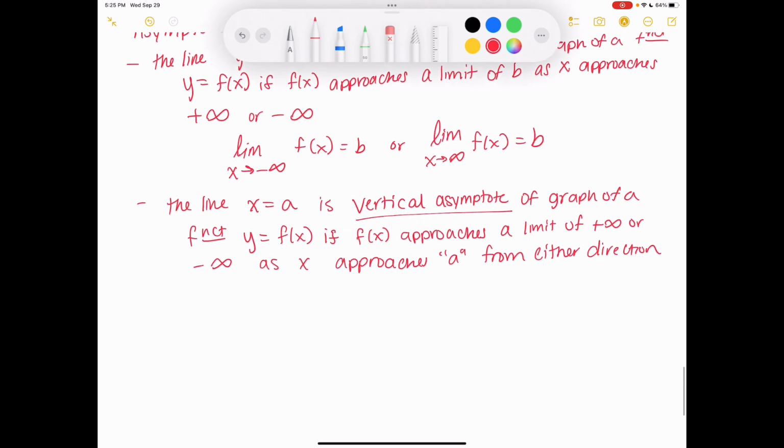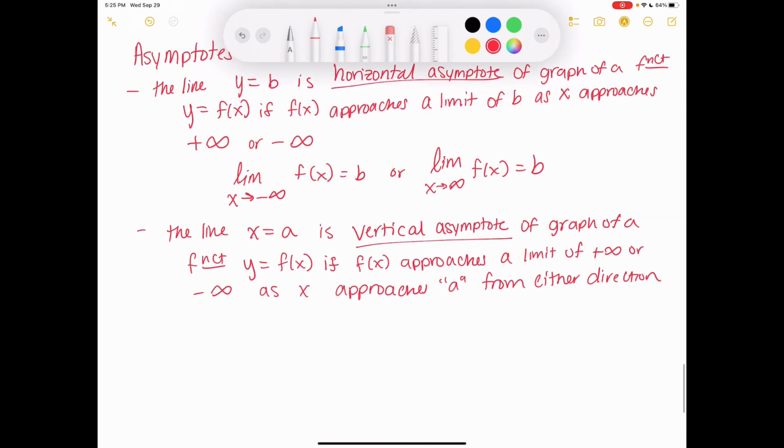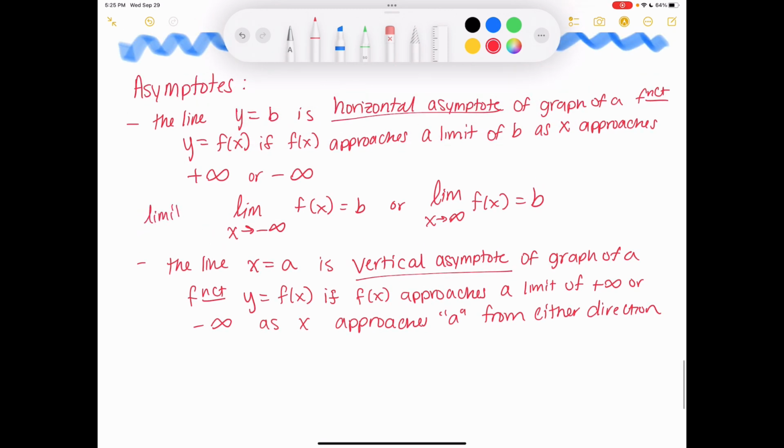So in limit notation for this one, I guess I should have written this as limit notation.